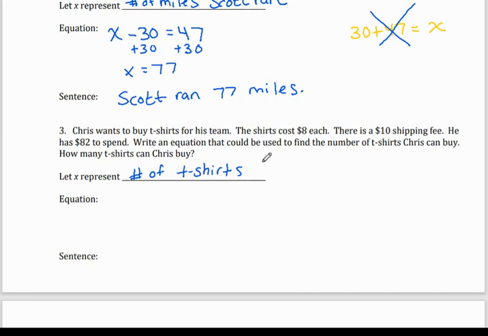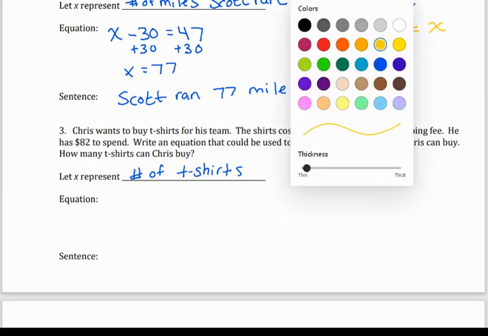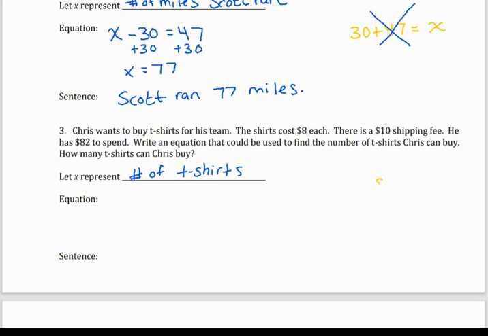Think about, we're talking about a total cost of $82 to spend. Kate, let's hear from you. Okay, I'm going to do something here. She's going to write, and this is kind of going back to that wrong way. This is what she said.